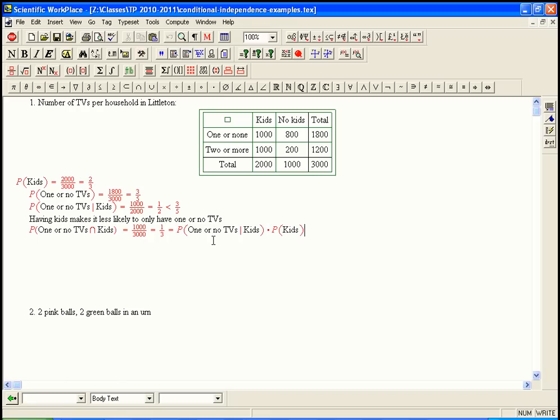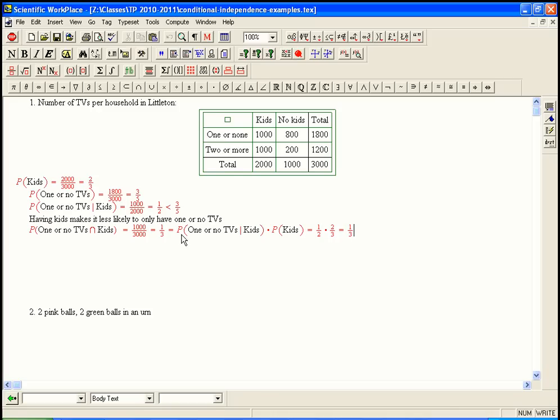Let's check that. We calculated those numbers. The probability of having one or no TVs given kids is 1/2, and the probability of having kids in the first place in the household is 2 out of 3. And indeed, that's 1/3.